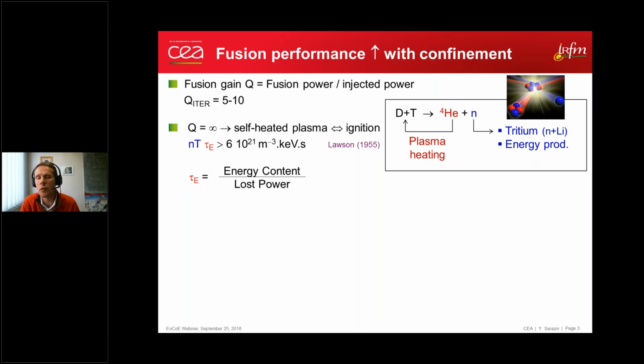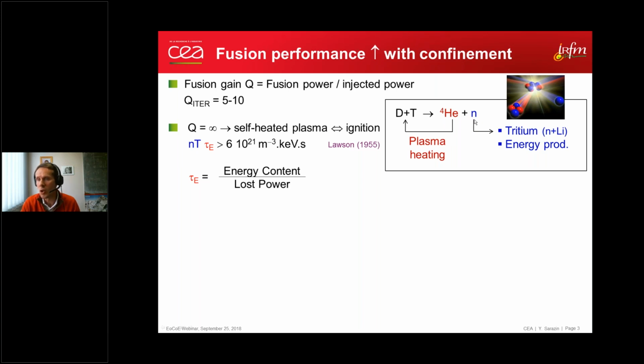So the idea of fusion is to use, on Earth at least, isotopes of hydrogen, so deuterium and tritium, which fuse to give an alpha particle, helium particle, plus a neutron.